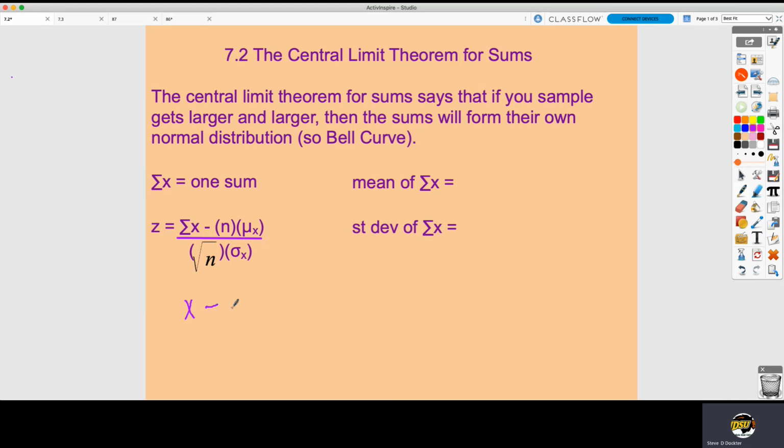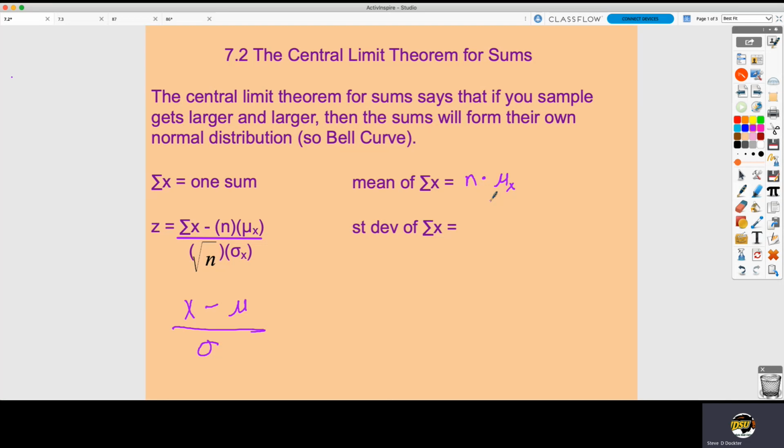minus our average, divided by the standard deviation. When we're talking about the average of all of these numbers added together, what that's talking about inside our equation is n times our mu of x.